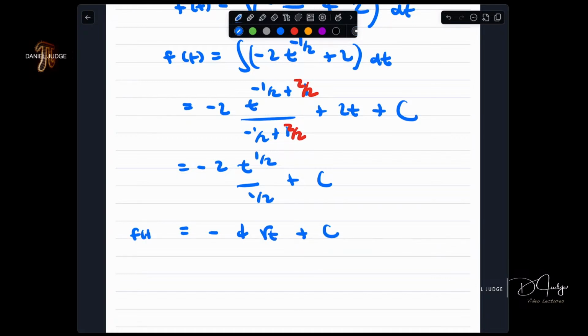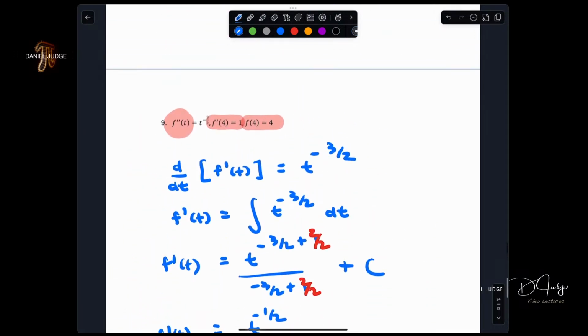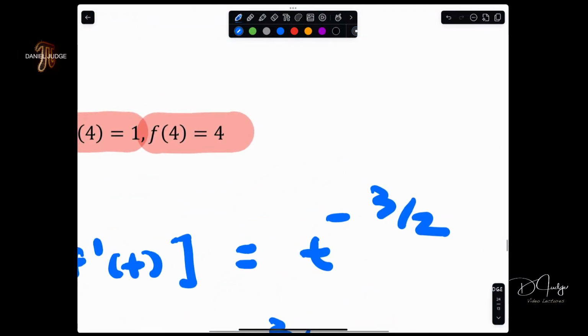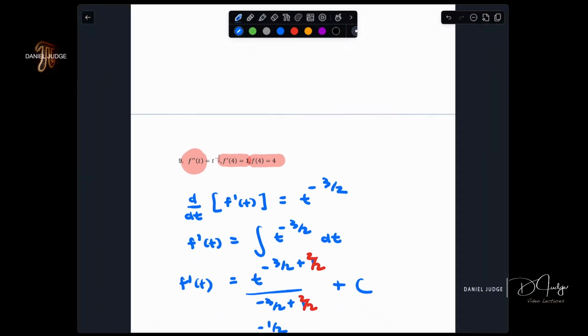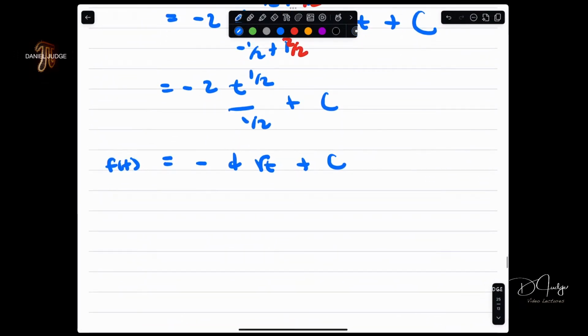Here's your function. Let's look at the condition now. The condition you have here is f of 4 is 4. So replace t with 4, and your answer is 4.